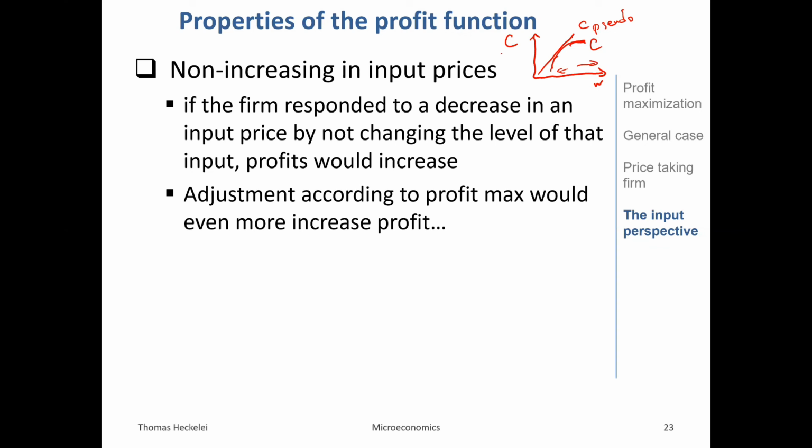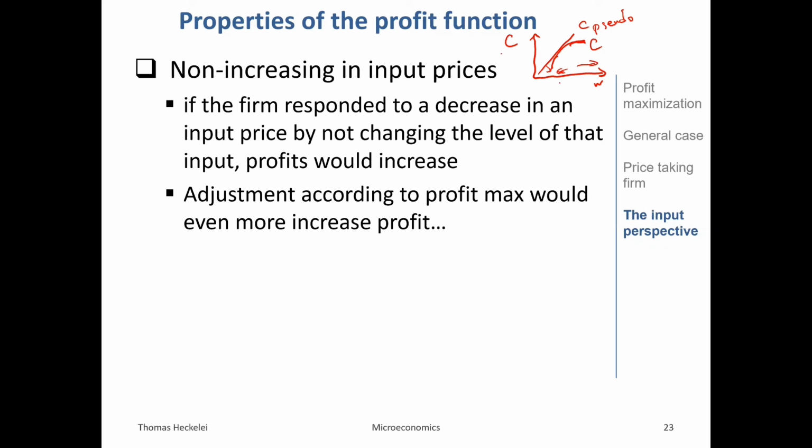Now, if there's a decrease in input price, you see here, you could benefit from adjusting the input mix. And earlier, we already showed that profit maximization from the input perspective implies cost minimization, right?